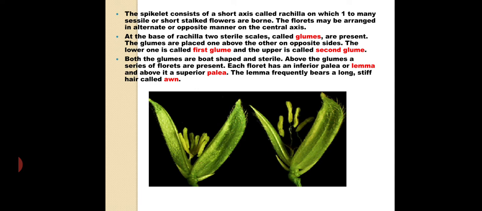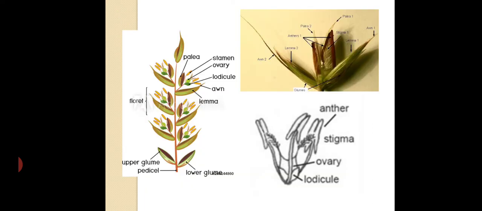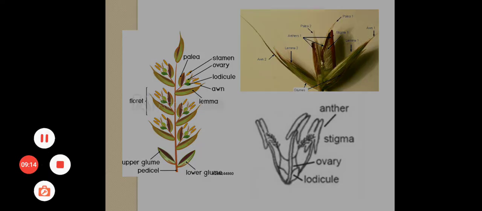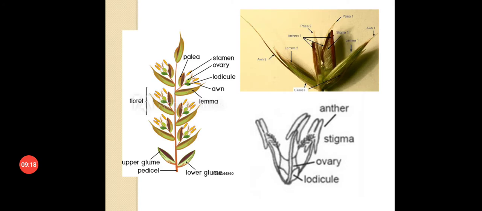Otherwise, sometimes the inflorescence is composed of spikelets which are arranged in racemes, arranged on a common axis. When we watch closely, these spikelets are arranged in the form of racemes.